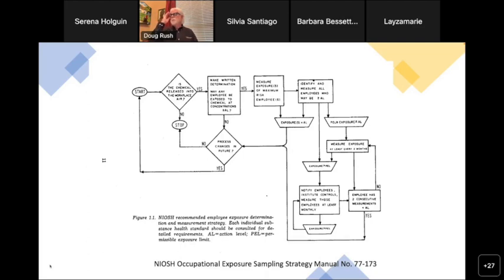This is the typical. This came out in 1977, I believe it was. There's a NIOSH book out there, the sampling book. Many of us in here might have seen this before. This is kind of the predecessor of the things that we use today. It's really nice. It's a nice little diagram that NIOSH put out. You can find this online. It's a free book.